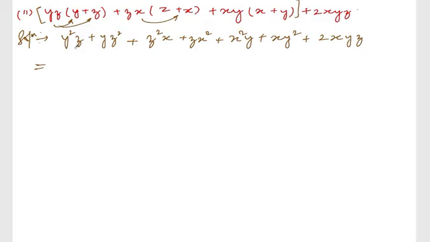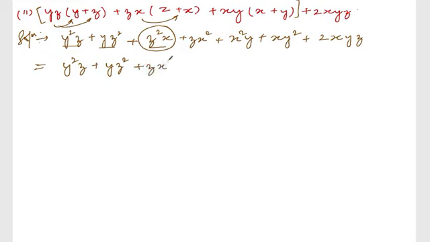Next, if you look here, y square z, this one, this one. If I take x common out, let me arrange: y square z plus yz square, this one, don't write now.